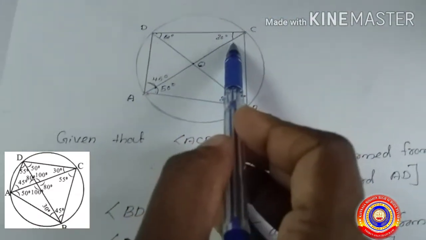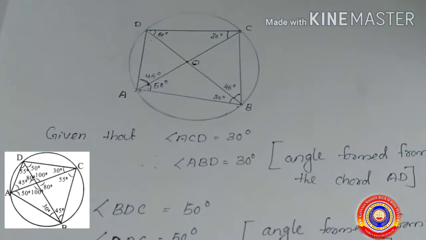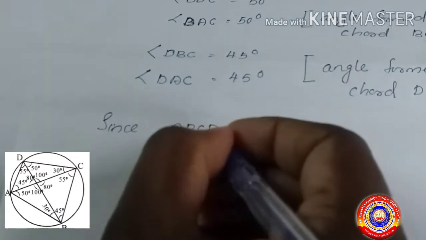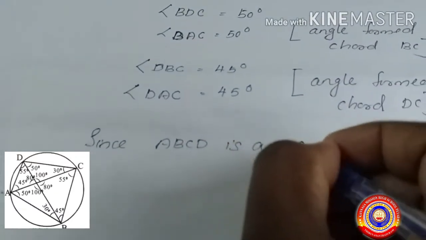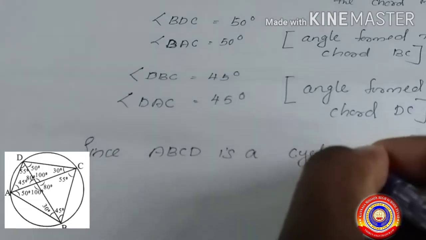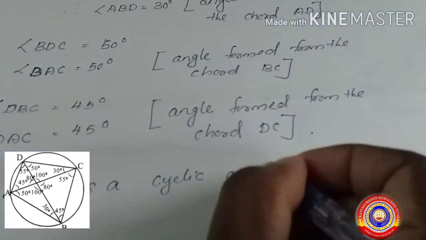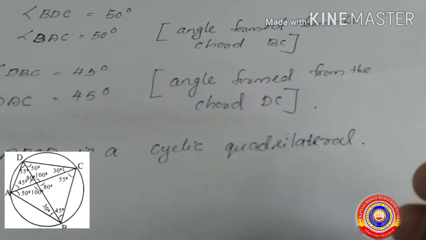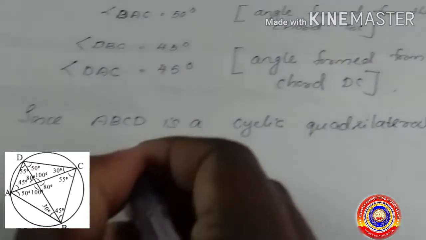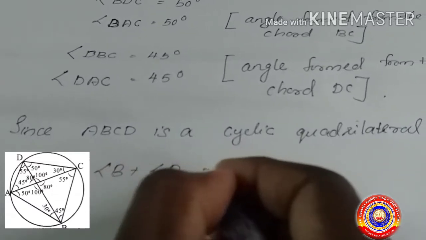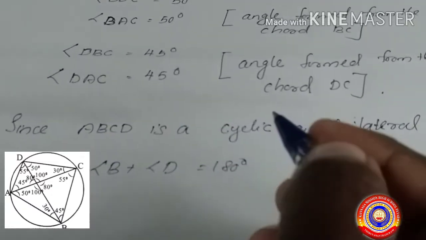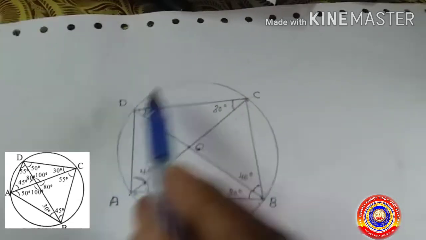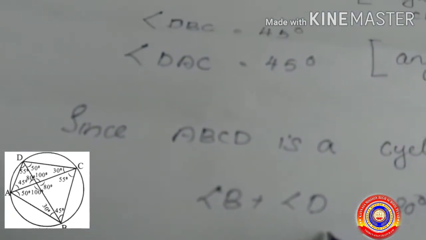Now we have to find two more angles. Since ABCD is a cyclic quadrilateral, the opposite angles are supplementary. So we can write angle B plus angle D equals 180 degrees.